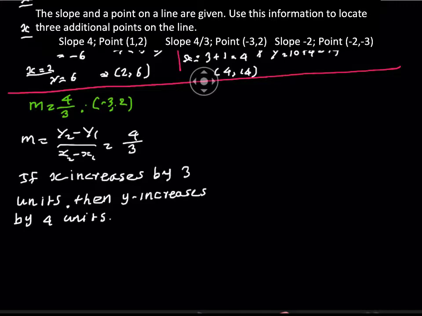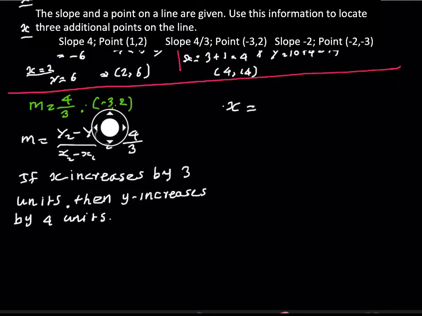Now we can use this. Therefore, we can find three possible points. How do we do it? First one, I use x equal. Let me write this point on the other side. So I say x. What is the x point we have here?